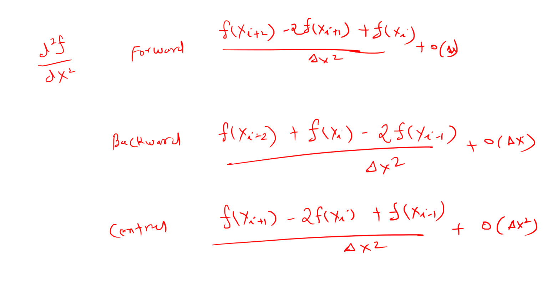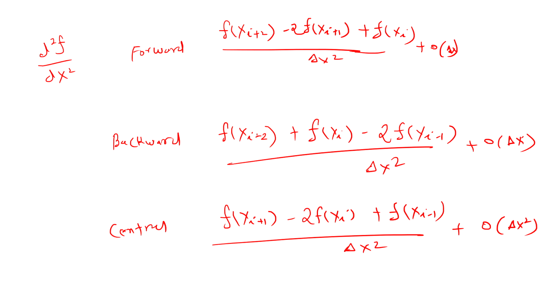Suppose I want to calculate d2f over dx square and I take 5 points. Other than d2f over dx square, whatever derivatives we have in these equations, we will try to cancel out to enhance the accuracy of this finite difference formula.